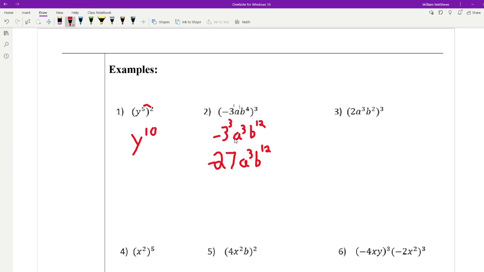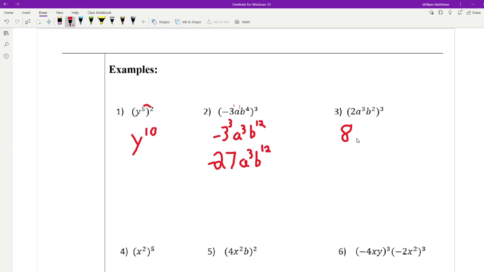Now, what we did for our coefficients is what we would do when we would insert a value for a or b. We would still use that exponent. Moving on to example 3, knowing that there is a 1 for the exponent of 2, this means that we are going to have 2 to the power of 3, which is 8. 2 times 2 is 4, times 2 is 8.